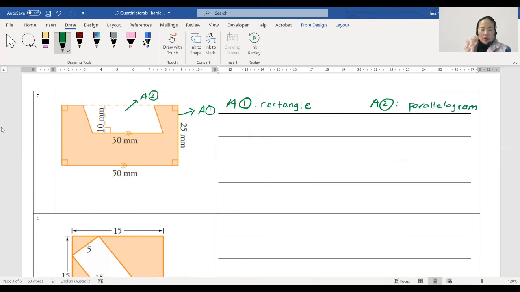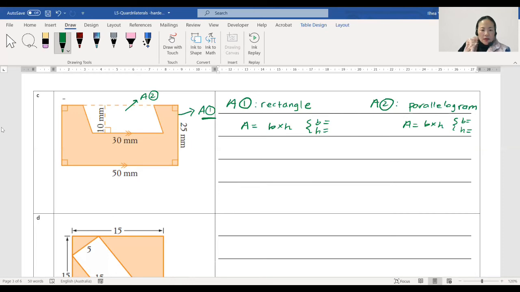Now we need to think about the formula for a rectangle. It's base times height. And a parallelogram is also base times height. So let's have a look at my base and height for each case. Looking at area 1 here, what is my base?